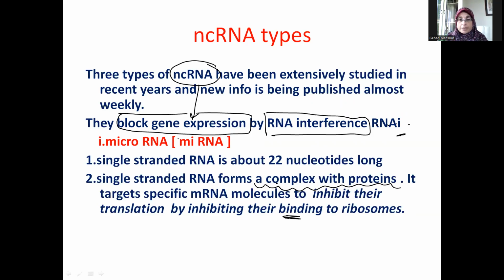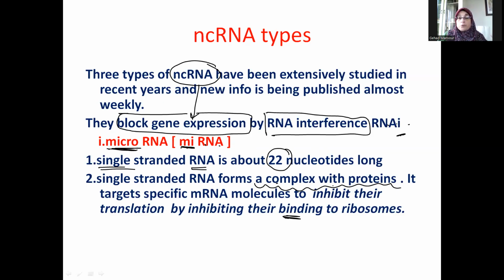The first group of non-coding RNAs are very small, very short. That's why they're called microRNAs and denoted miRNAs. They are single-stranded RNAs and they are about 22 nucleotides long, so they are not that long.